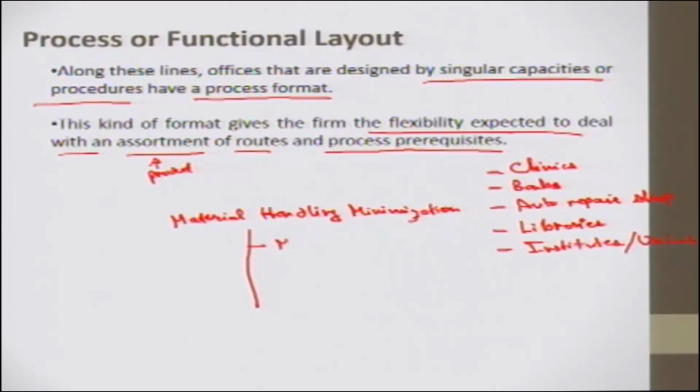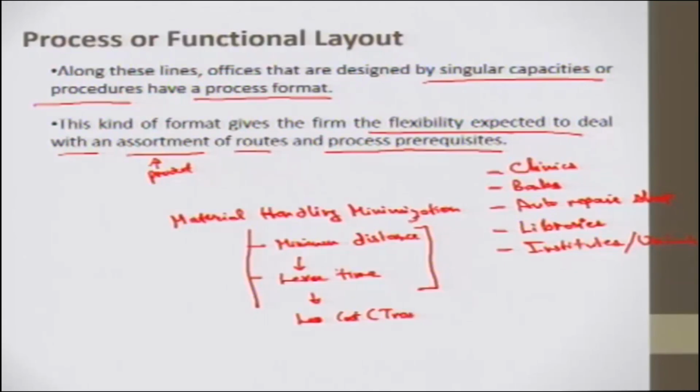To have minimum distance between the frequent moving departments, and this obviously leads to lesser time. So in this case, because the distance is minimum, the time is less, the transportation cost would be less. Specifically transportation.